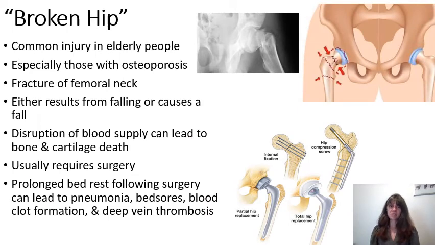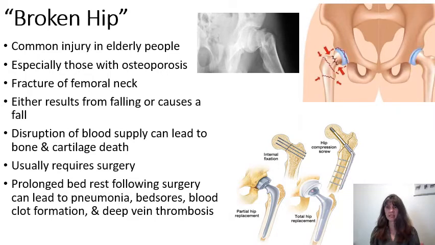Broken hips, unfortunately, tend to be a common injury in elderly people, especially those who have osteoporosis. Usually what occurs is the neck of the femur fractures, and that causes a fall to result after the fracture has occurred.